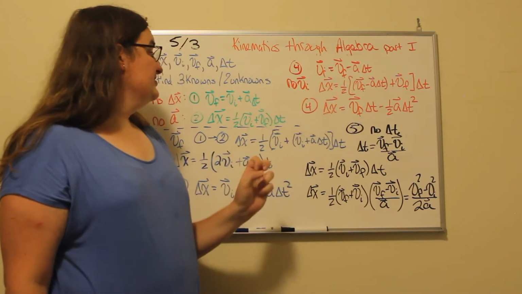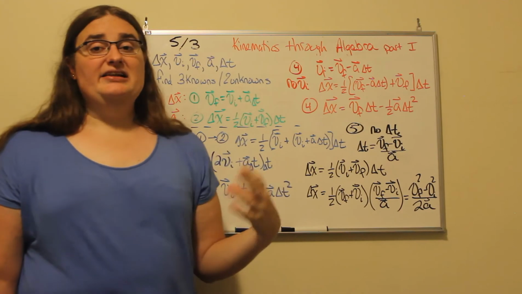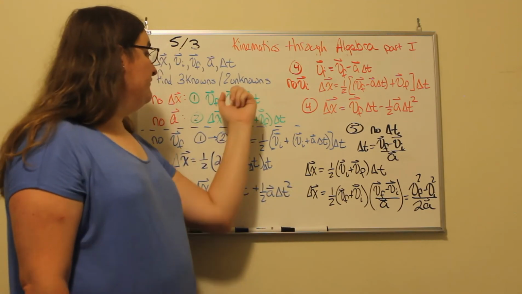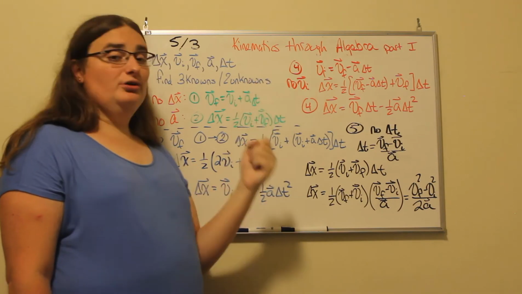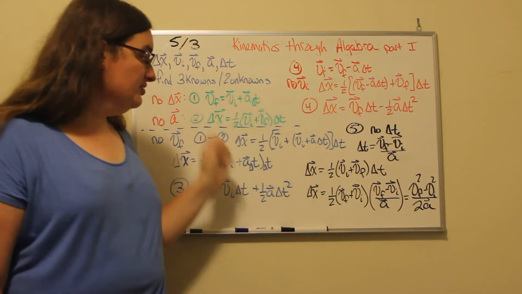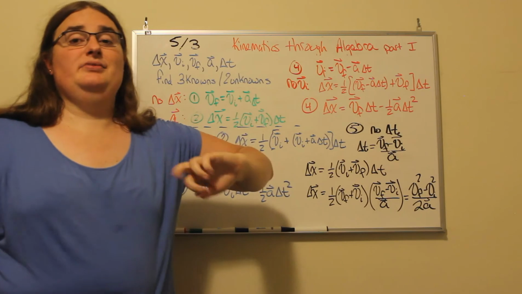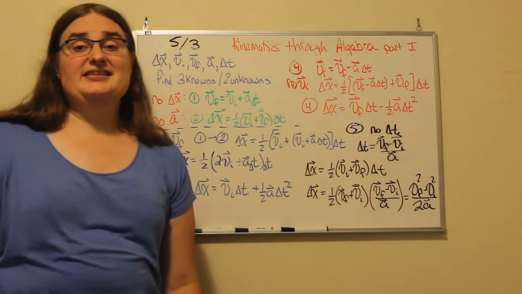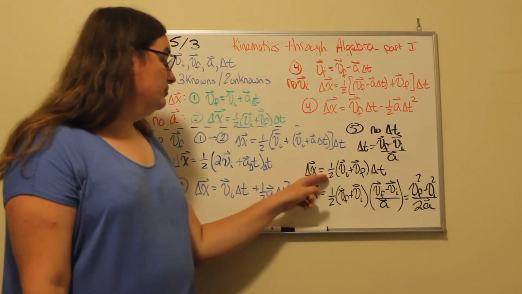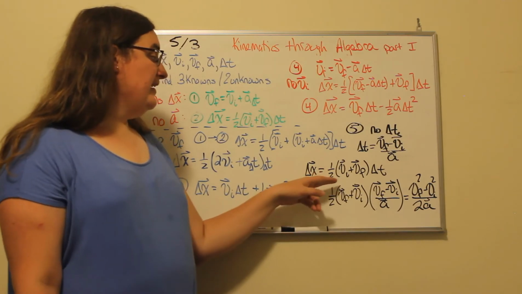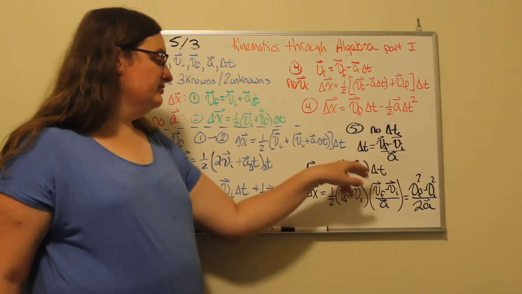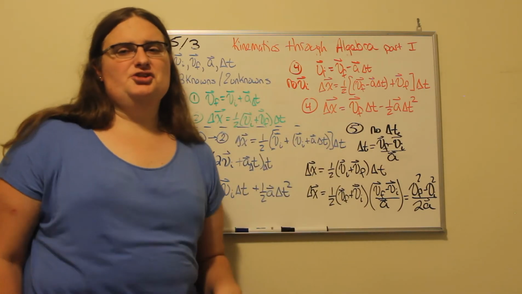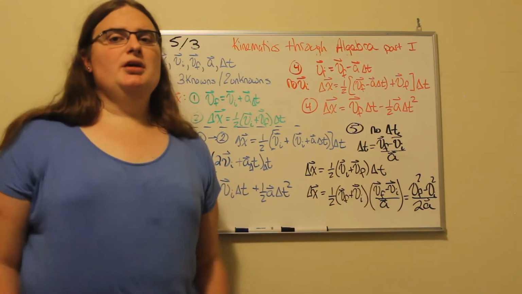So if I instead solve my acceleration equation, the definition for time, I would have v final minus v initial over time is acceleration, or time is v final minus v initial divided by acceleration. So if my displacement is 1/2 times v initial plus v final times time, I'm just going to flip v final and v initial, adding commutes.